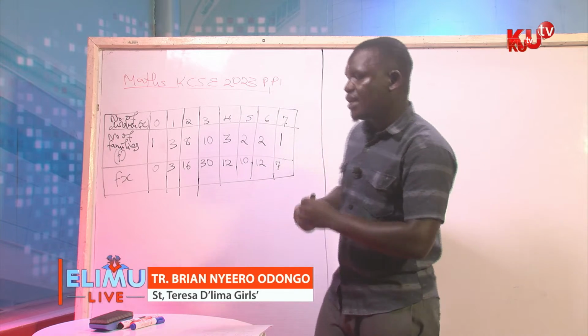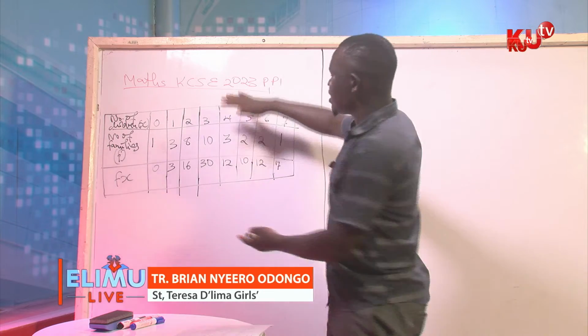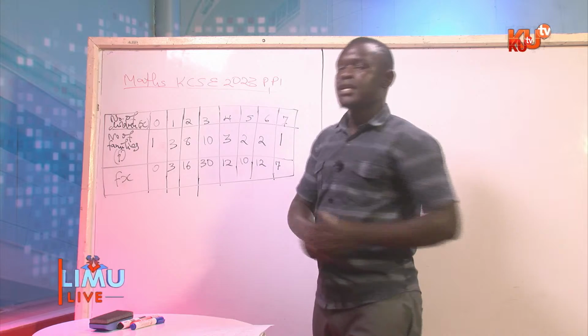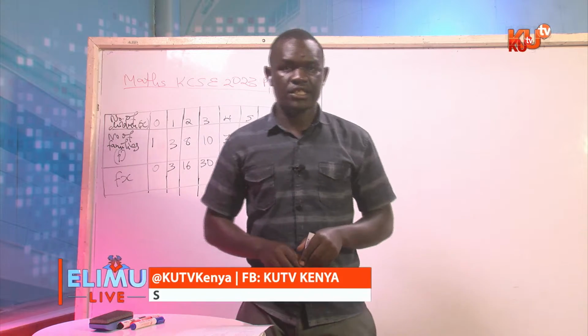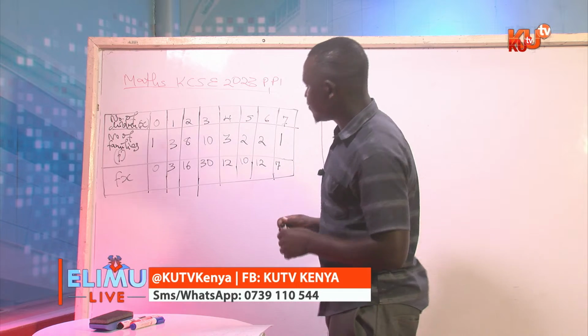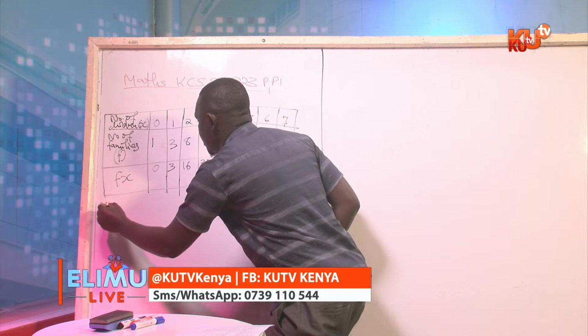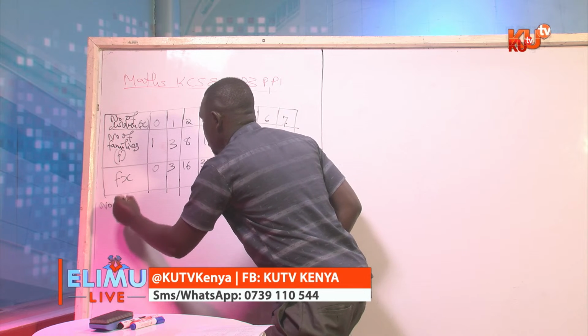She may decide to draw it vertically. Also, for a student that will draw this table vertically, this other way is also very, very right.